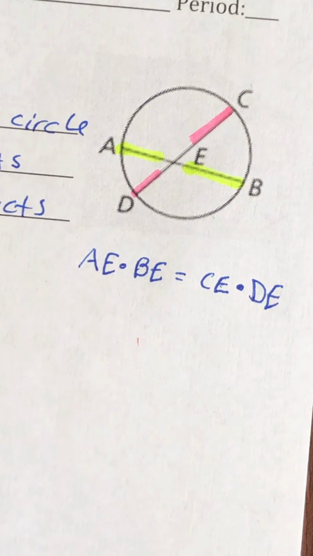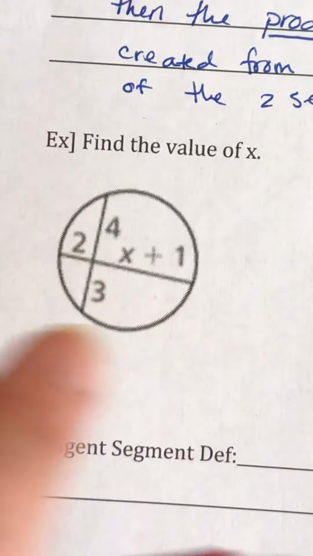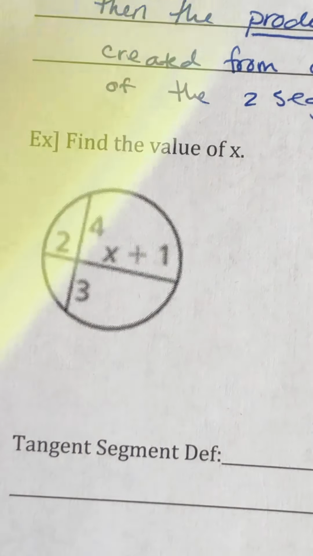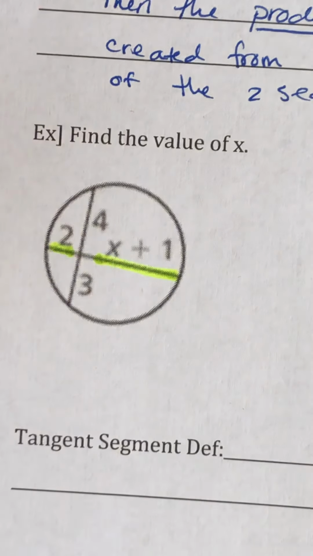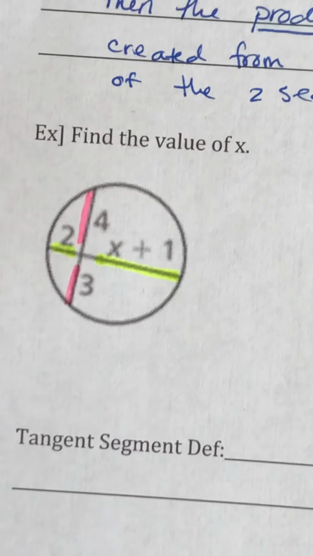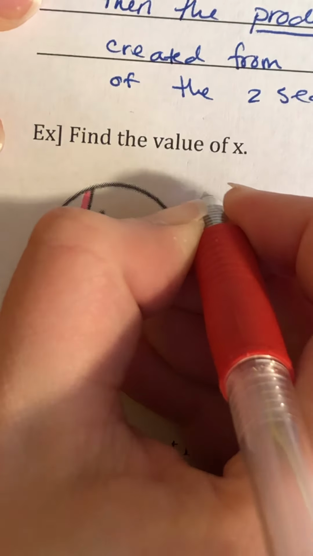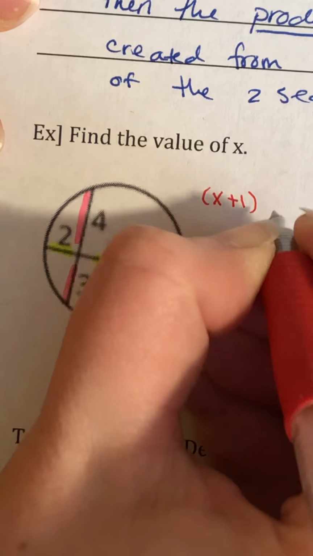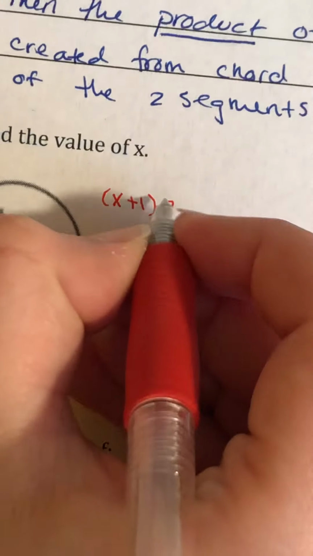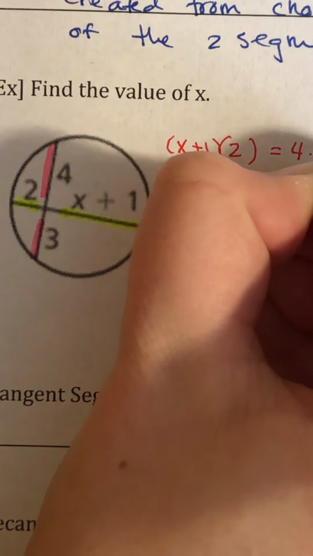So let's use that theorem to solve. So here I want to solve for x. So it's going to be 2 times x plus 3 is equal to 4 times 3. So x plus 1 times 2 is equal to 4 times 3.